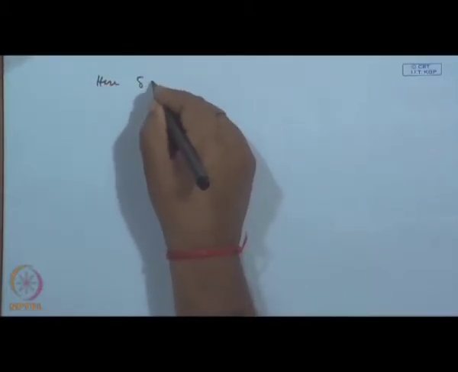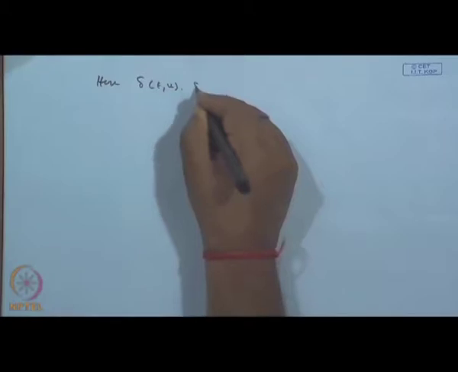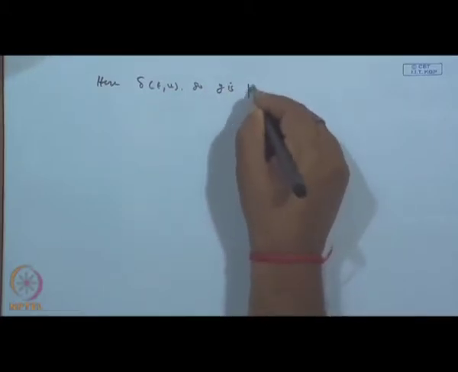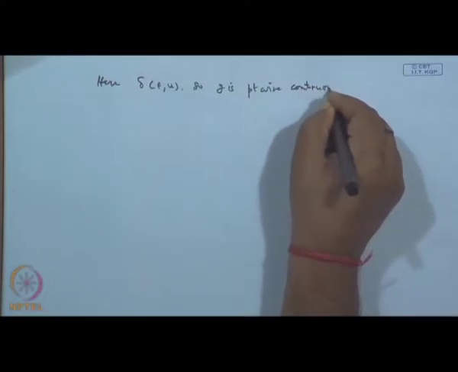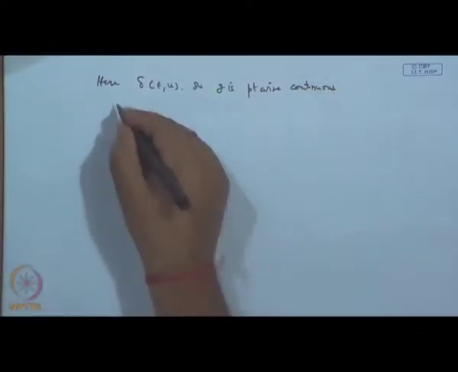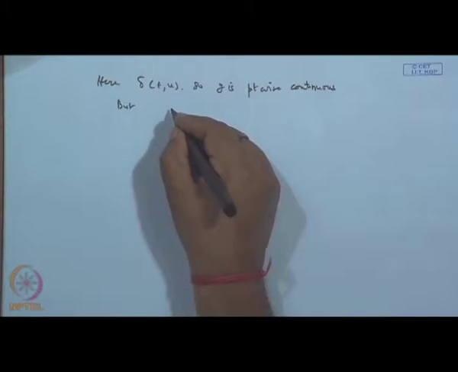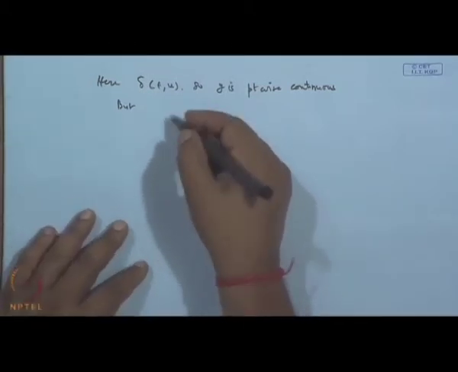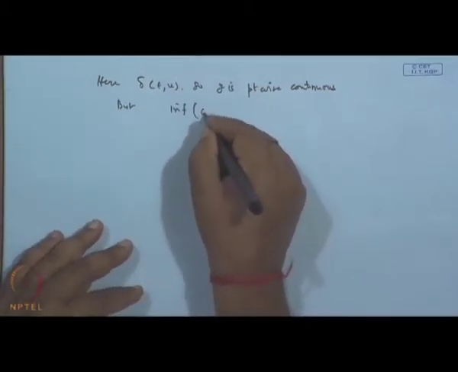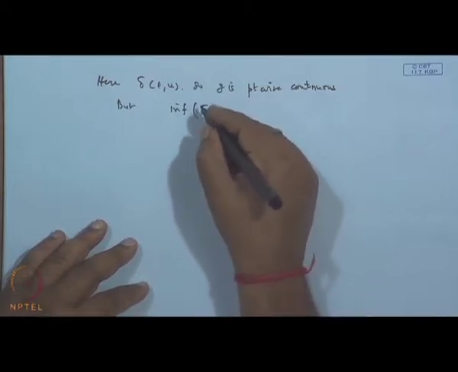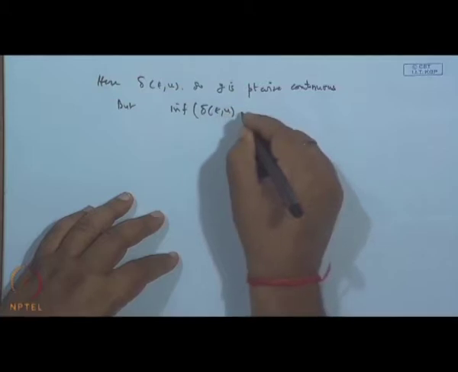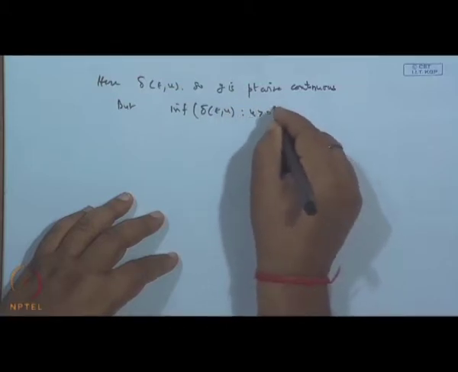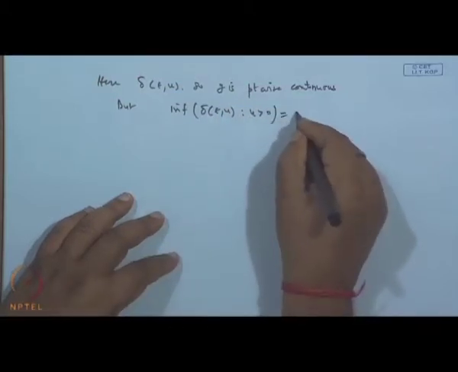Here delta depends on epsilon and u. So, g is pointwise continuous, but what is the infimum of all such deltas, which depend on epsilon and u, with u greater than 0? The infimum value of this is coming to be 0.